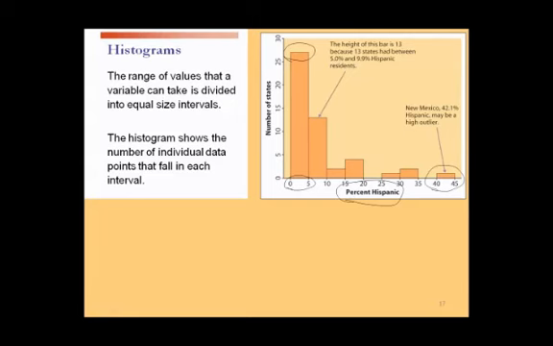So the x-axis again is the percentage of Hispanics. The y-axis here indicates how many states have that value. Very important difference, okay? Notice that I didn't have to worry about x-axis values because it goes from the smallest to the largest automatically.